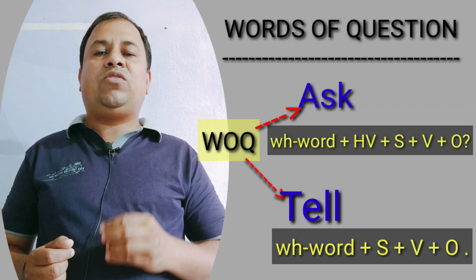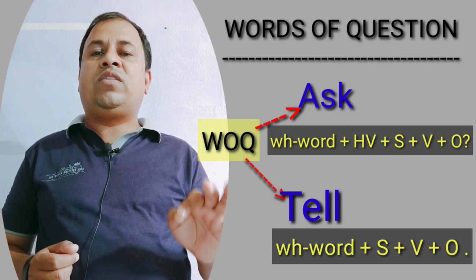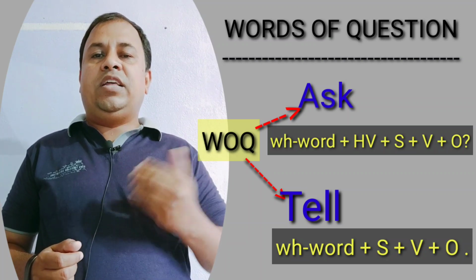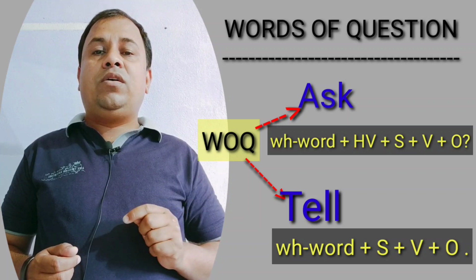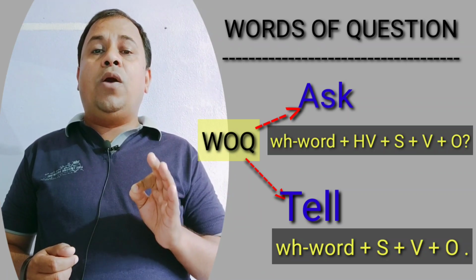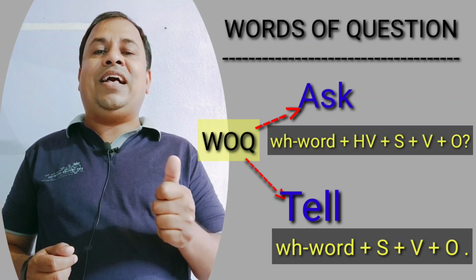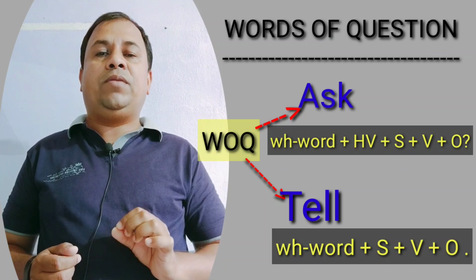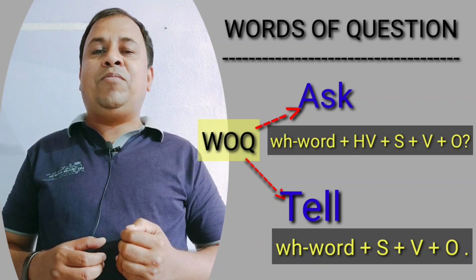Before the subject, the helping verb is not there just because this is not a sentence with a question. Then you can ask me, sir, why is the helping verb not with the verb? My dear students, for your kind information, I would like to tell you about the forms of the verb. According to the forms of the verb, it has or does not have a helping verb. When the verb form is not clear, how can I put a helping verb there?